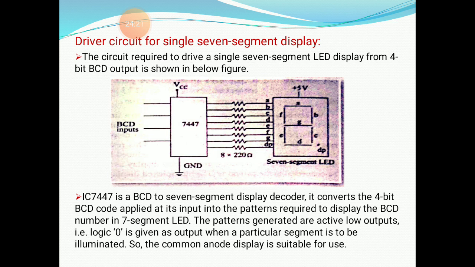It converts the 4-bit BCD code applied at the input into the pattern required to display the BCD number in the 7 segment display. The patterns generated are active low outputs, that is, logic 0 is given as the output for a segment that is to be illuminated. Here the common anode display device is suitable for this diagram.